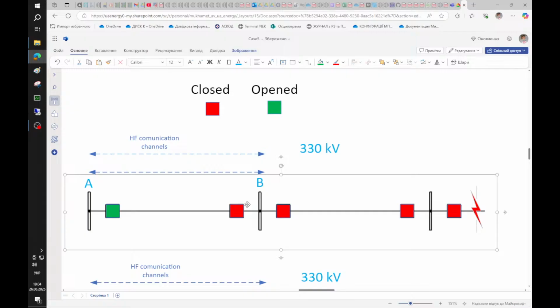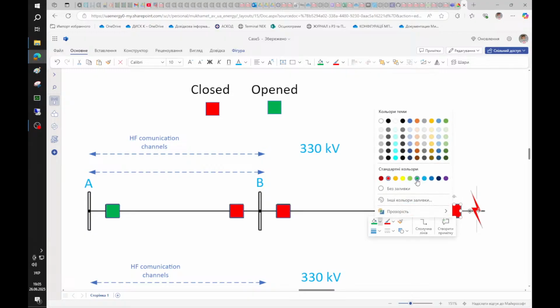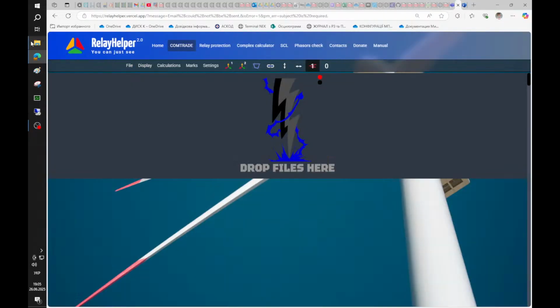When we started to analyze this case, we didn't have recordings from this side, only from that side, but we also have them from this substation, and during clearing of the short circuit, this circuit breaker was also tripped. So let's see what we have on the substation A side.